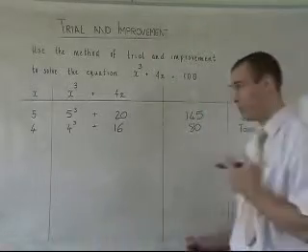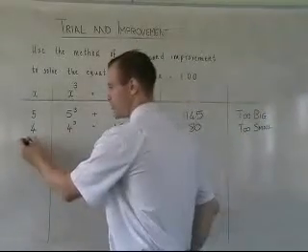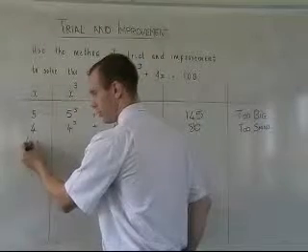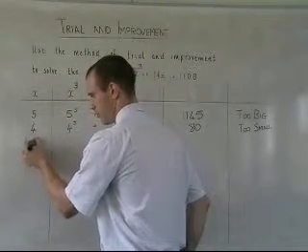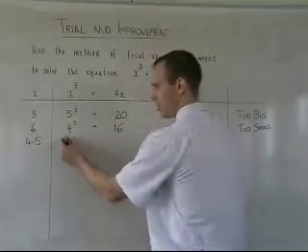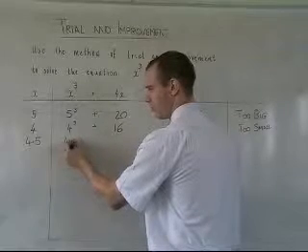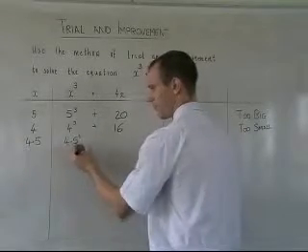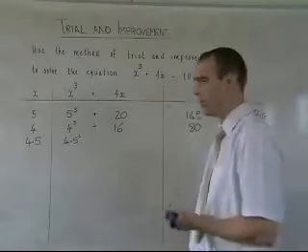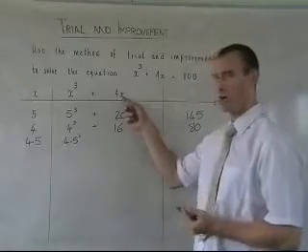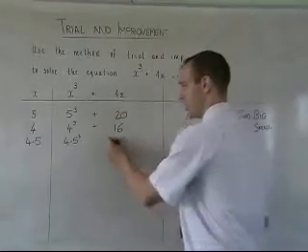So we're going to try something in between. Halfway between 4 and 5 is 4.5. So we're going to do 4.5 cubed. We're going to add on 4.5 times 4, which is 18.